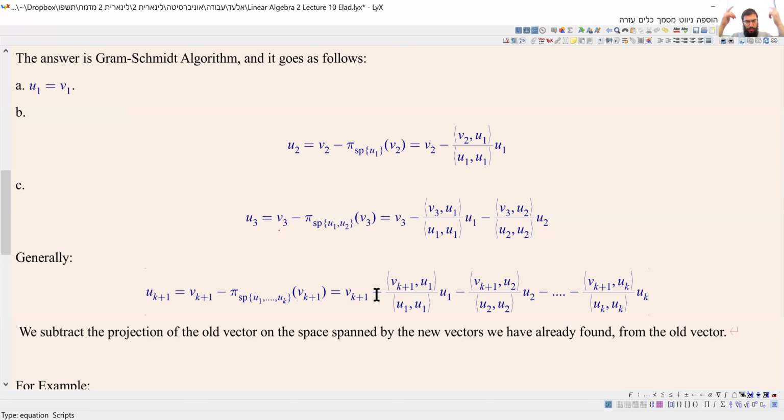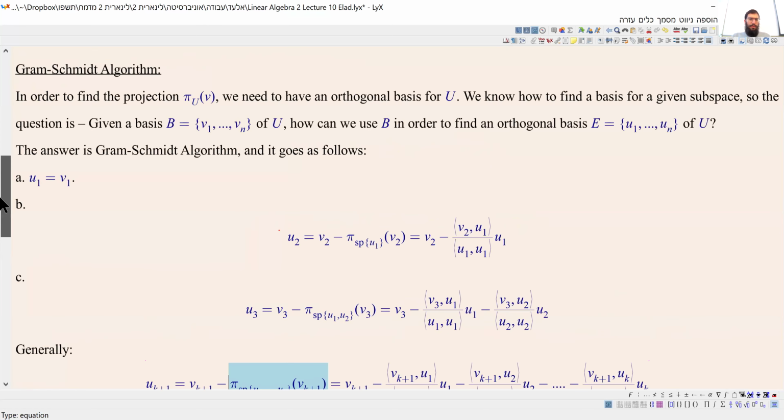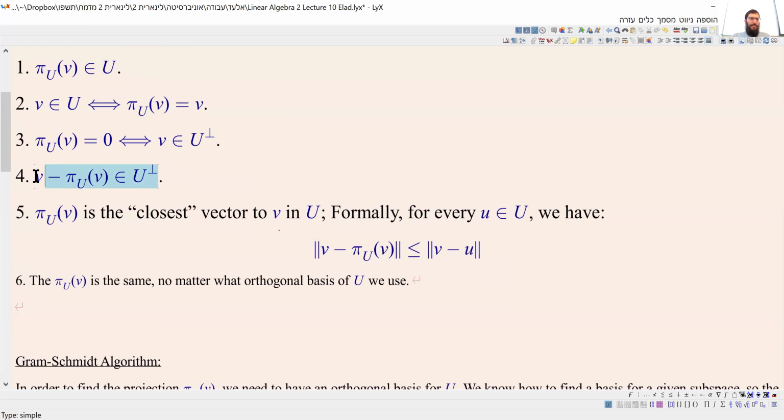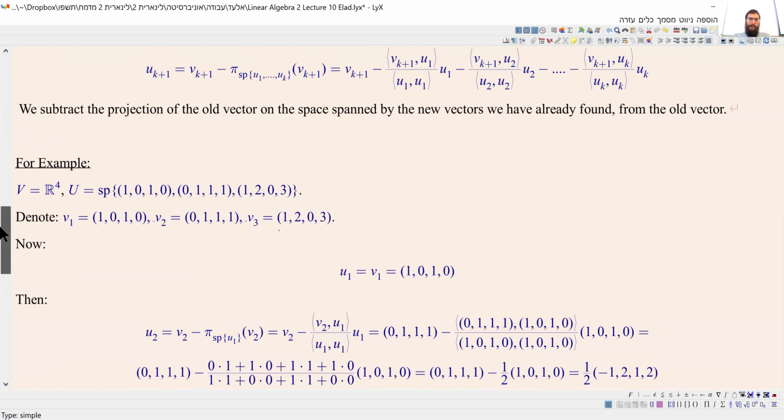It is the projection of vk plus 1. So I write down explicitly here. We subtract the projection of vk plus 1 from vk plus 1. By our definition, this vector is in the perpendicular space of the space itself. So now, let's write it down explicitly.